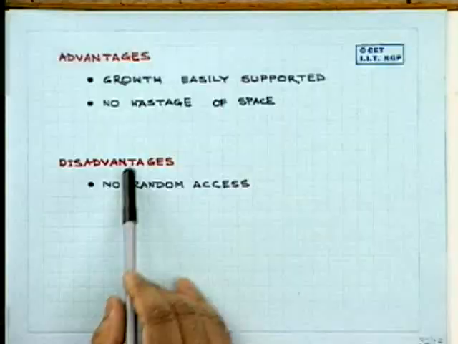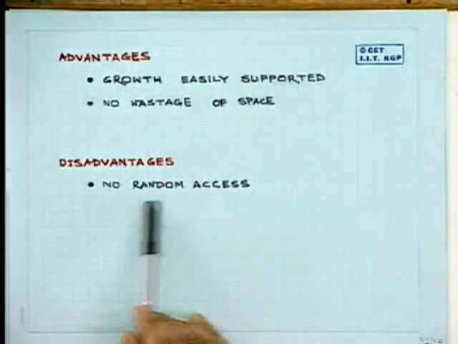And the bitmap technique, that means 1 bit for every physical block, that bit being 0 if it is not allocated and 1 if it is allocated, can be used to keep track of the occupancy of these physical blocks, right? But the problem is that we cannot have random access.